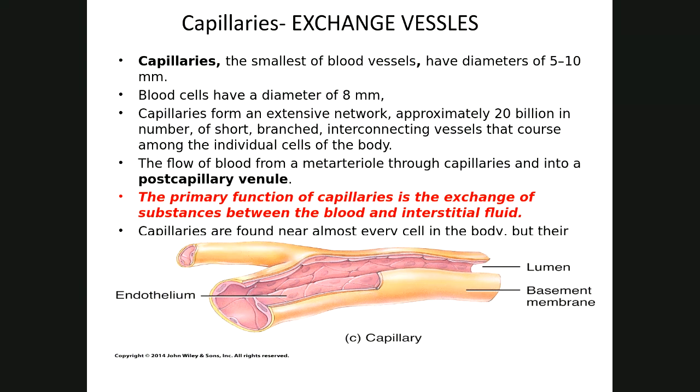the surrounding tissues. The capillaries themselves are made up of an endothelial tissue and also a basement membrane. This endothelial tissue, as you can see, looks like simple squamous epithelium, so it's perfect for the exchange of molecules.